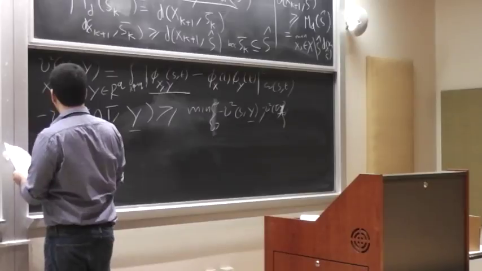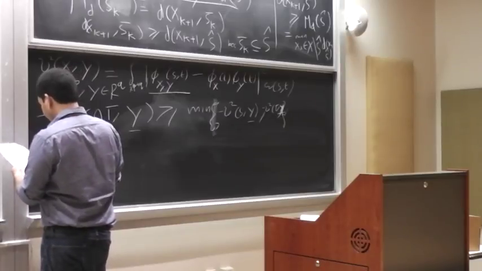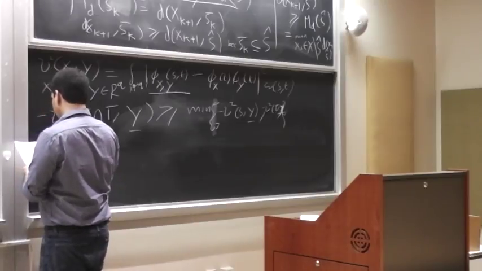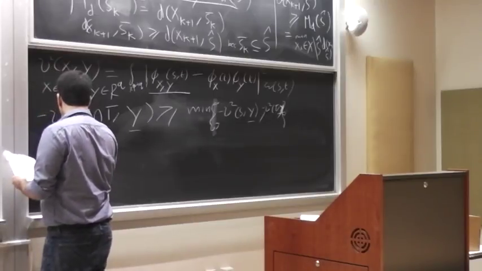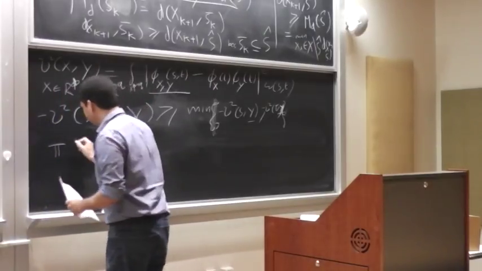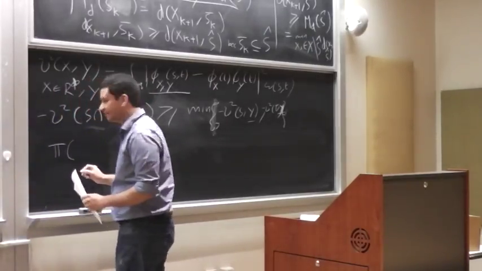So we do that, and then what we do is basically compute the following. I define another function, this is not the famous pi, I'm just using it as a name of a function.